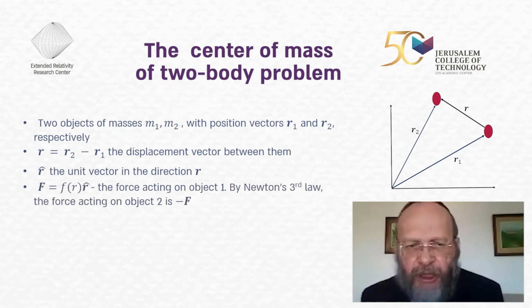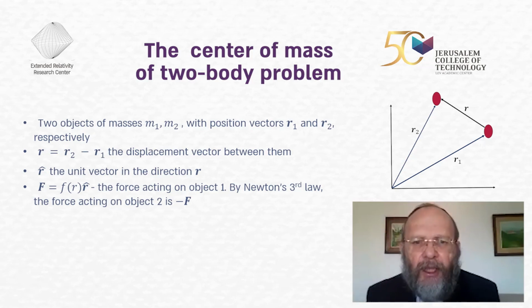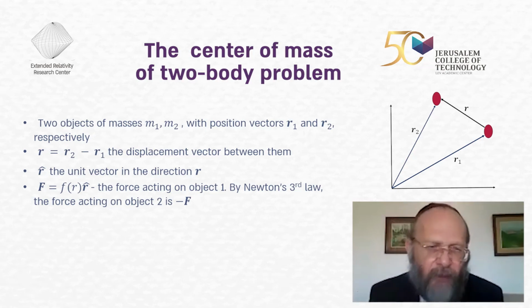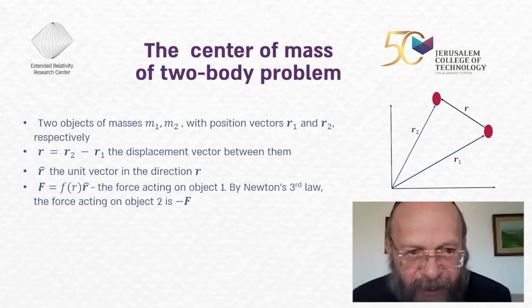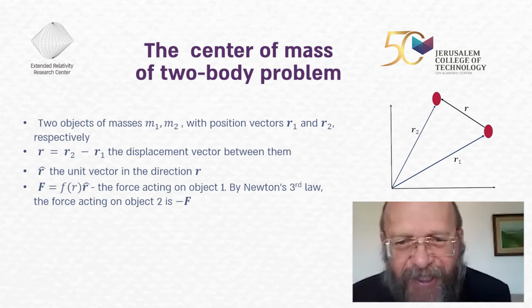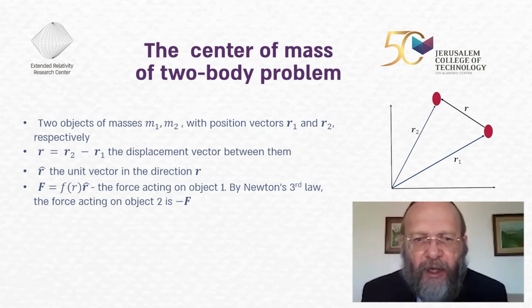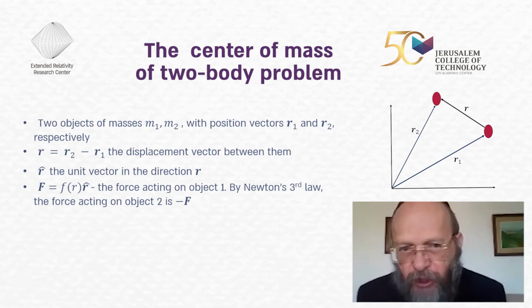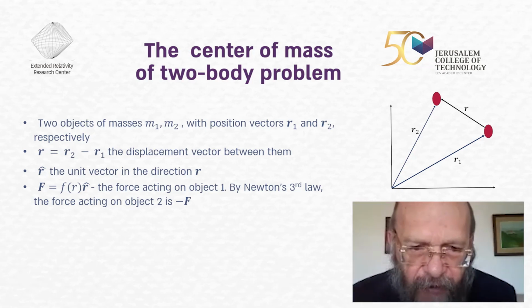And our assumption is that the force acting on object 1 is given by F(r) times r hat. Maybe I probably had to put a minus. Okay, it works also. F can be negative or positive. By Newton's third law, object 1 acts on object 2, and its force is the negative of the force F.